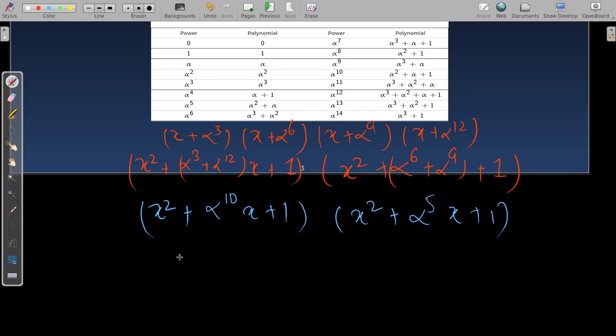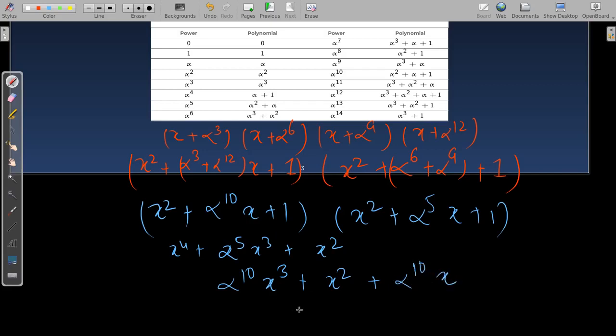Okay, so if we multiply these two together, I will have x to the power 4 plus alpha to the power 5 x cube plus x square simply, and then if I multiply with alpha 10 x, I will have alpha 10 x cube, then alpha 15 x square, which is equal to basically x square only, and then alpha 10 x.